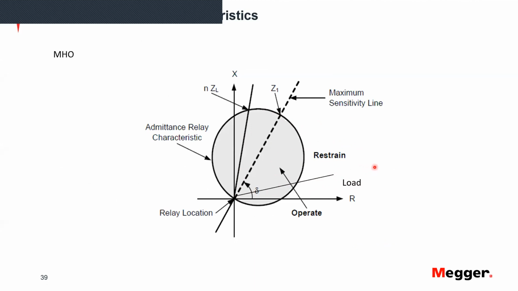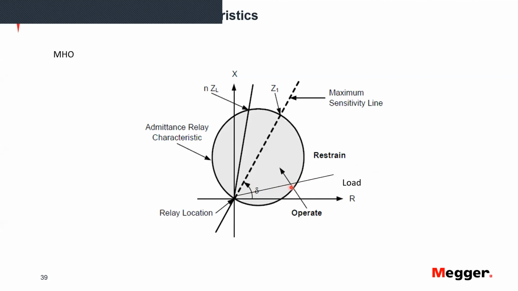Why? Because bigger load means higher current, which means lower impedance, and lower impedance means the distance from the origin is going to be smaller. There's a point where the load could get into the characteristic and you don't want to trip for the load. That is called load encroachment.